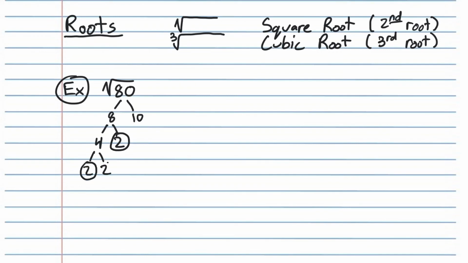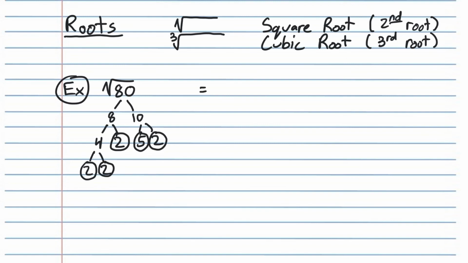Okay, 2 again cannot be broken down, so I'm going to circle them just so I don't lose track. Then I have to go over this other branch and break 10 down. Okay, 10 breaks down into 5 and 2. Again, 2 does not break down, and neither does 5. Okay? Once you've broken down every branch until it can't go any further, we can write it out like this.